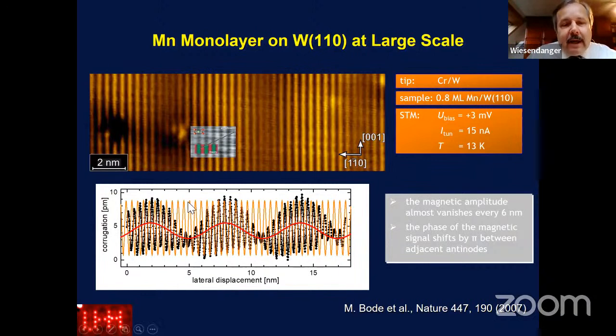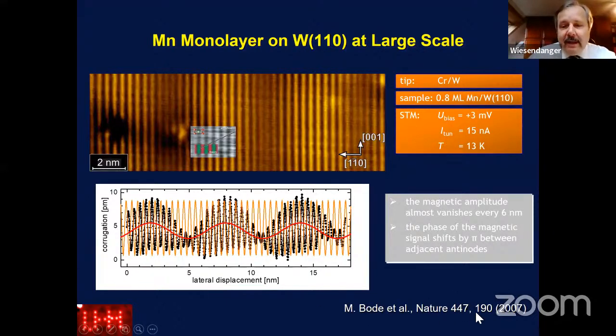A short period relates to the antiferromagnetic state which we observed and reported on in 2000 in Science on a small scale. But if you go to a larger scale, you see a superimposed larger wavelength with a 6 nanometer period. So the conclusion is that the ground state is not a collinear antiferromagnetic state, but an antiferromagnetic spin spiral state.